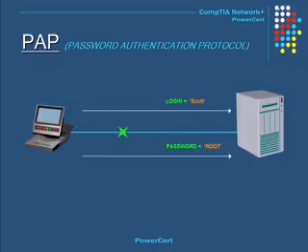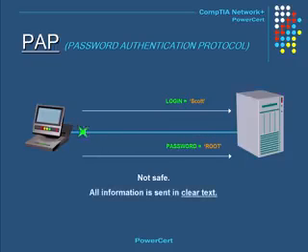So the first protocol we're going to discuss is called PAP, or Password Authentication Protocol. Now this is a very simple authentication protocol. In fact, it's so simple that it's compatible with just about everything. But the downside is that it is not very safe. All sensitive data like usernames and passwords are sent in clear text.